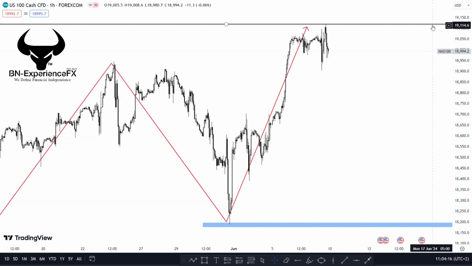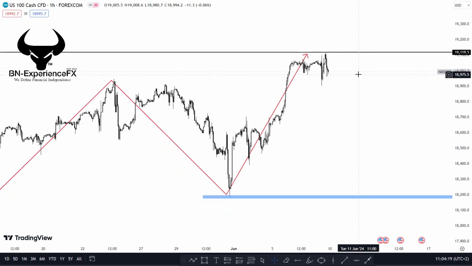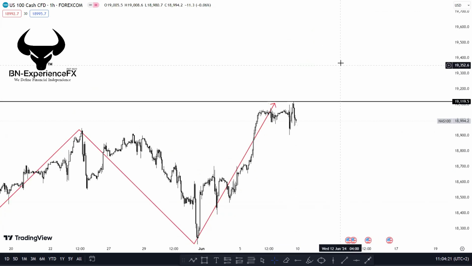But now the problem: if you get a break above here, where do you go? Because this is the highest point of this whole NASDAQ price. That is something for another day. If you want to know how we actually come up with those things, make sure you get our mentorship.